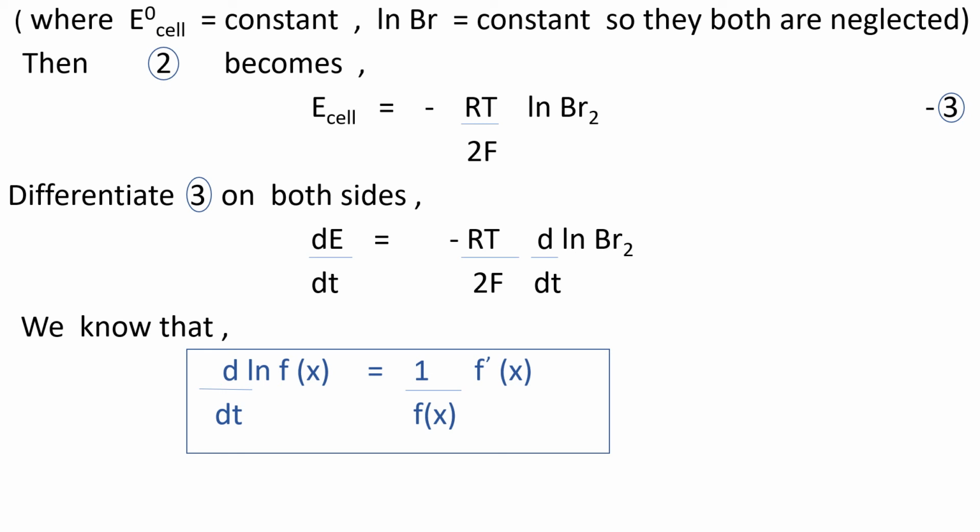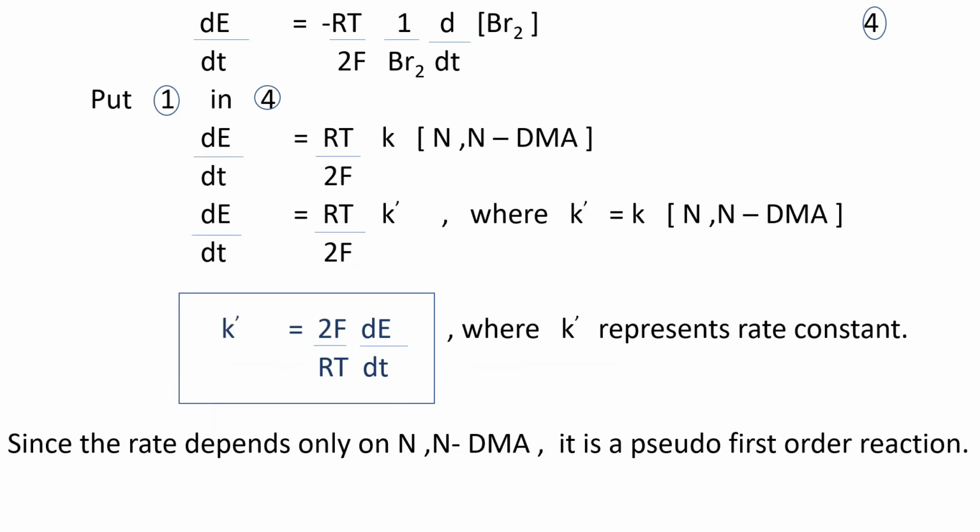We know that d by dt of ln of f of x is equal to 1 by f of x into f dash of x. After applying this, you will get dE by dt is equal to minus RT by 2F 1 by Br2 d by dt of Br2. That is equation 4.